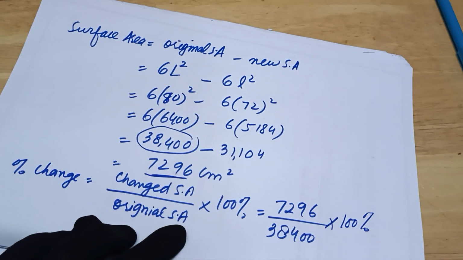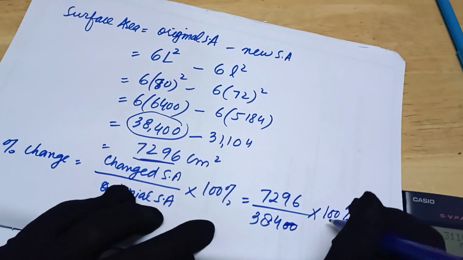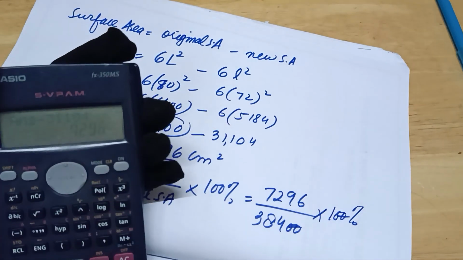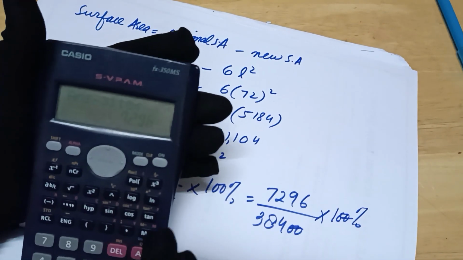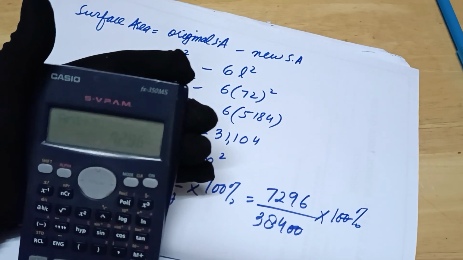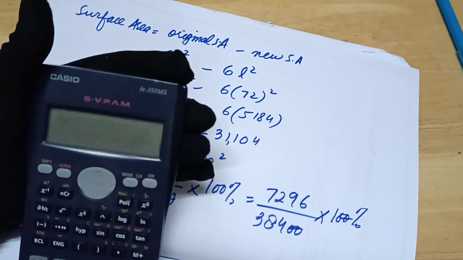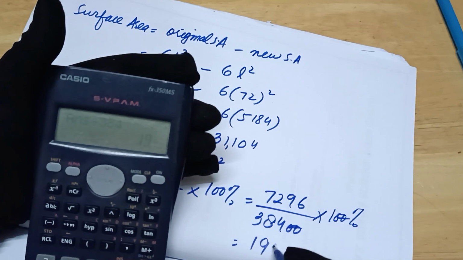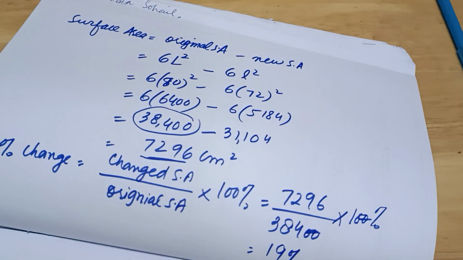In the calculation, zeros cancel with two zeros, 7296, which we have just calculated, divided by 384. So it is 19%. And this question is done.